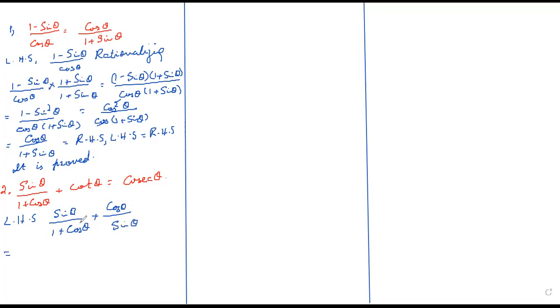So we just take the LCM, sine theta times (1 plus cosine theta). These two will be multiplied, sine square theta, and plus cosine theta times (1 plus cosine theta).